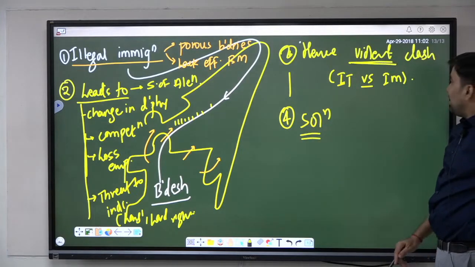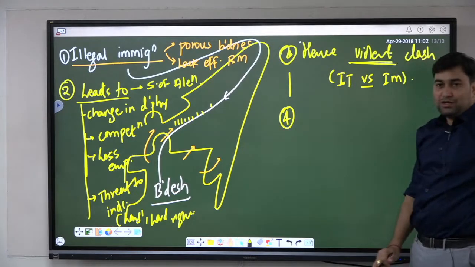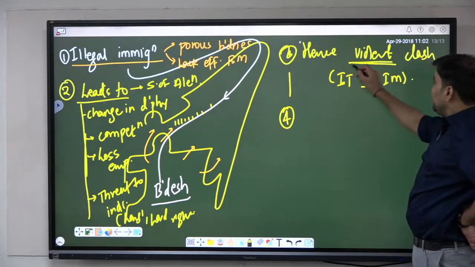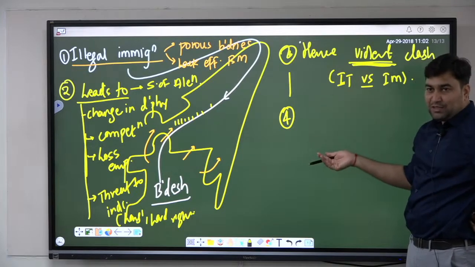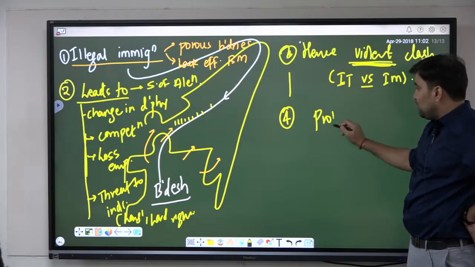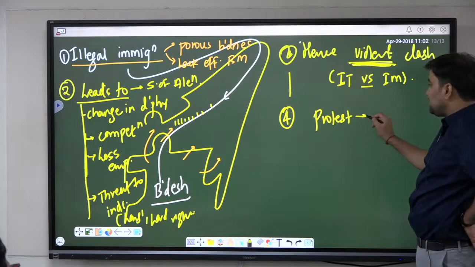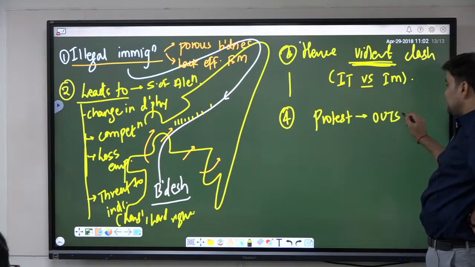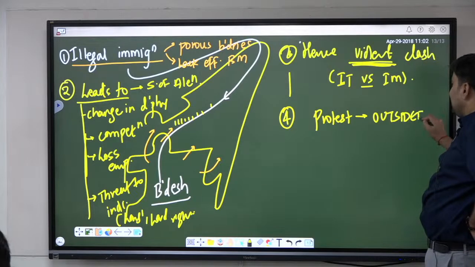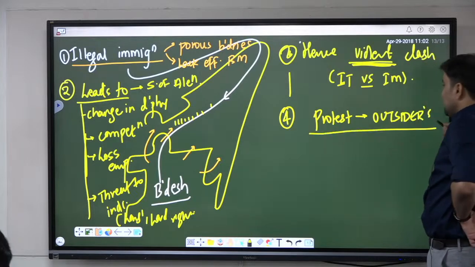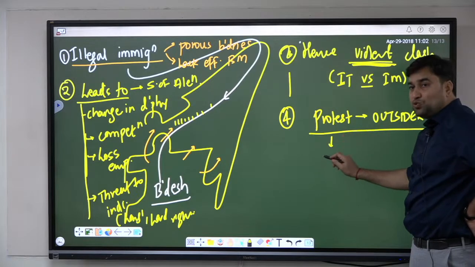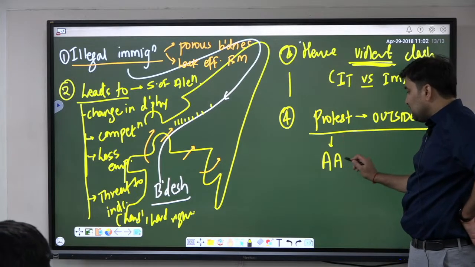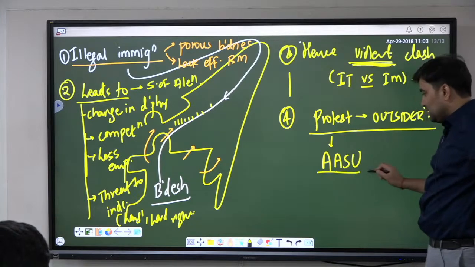So solution. If there is violence, initially they won't start with violence. First they will start to protest, protest against outsiders. And this protest in Assam was led by ASU, All Assam Students Union.